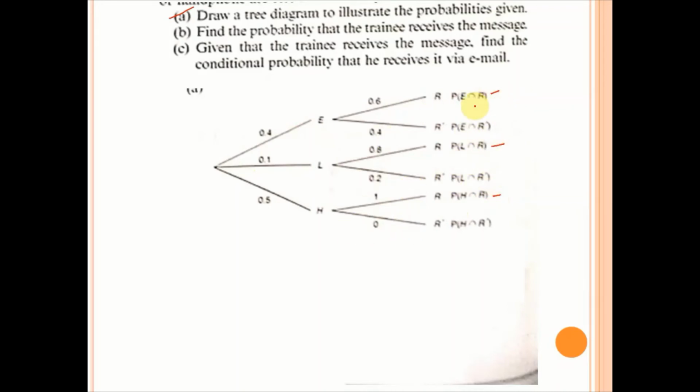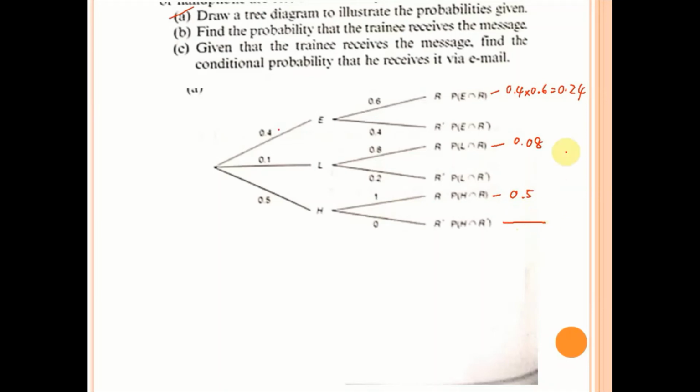So, macam mana nak kira this part? 0.4 ni, dia hantar, times dengan 0.6, dia receive. So, 0.4 times 0.6 is 0.24. This one, same thing, 0.1 times 0.8, which is 0.08. Next is 0.5 times 1, which is 0.5.